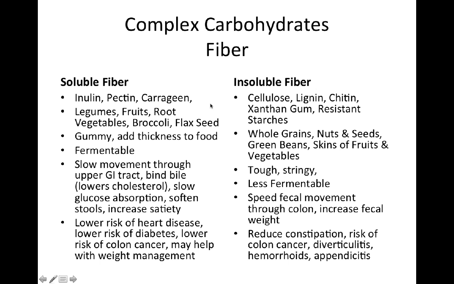Depending on the foods you eat, you will get differing amounts of these. The soluble fiber includes the inulin, the pectin, and the carrageenan, while the insoluble fiber is your cellulose, the lignin, the chitin, xanthan gum, and some of the resistant starches. So it's actually a starch, but it's hard to digest, so it functions more like a fiber than just the starch that you can break down.